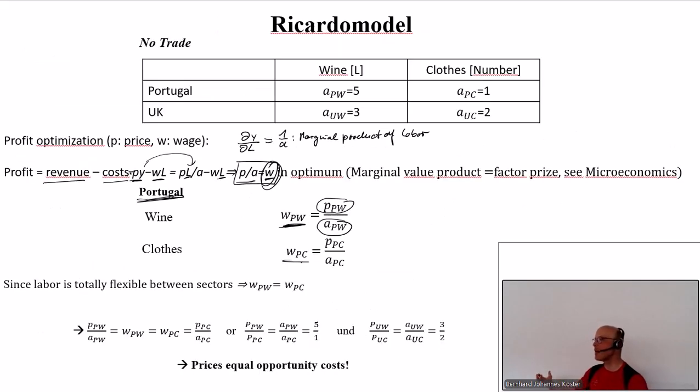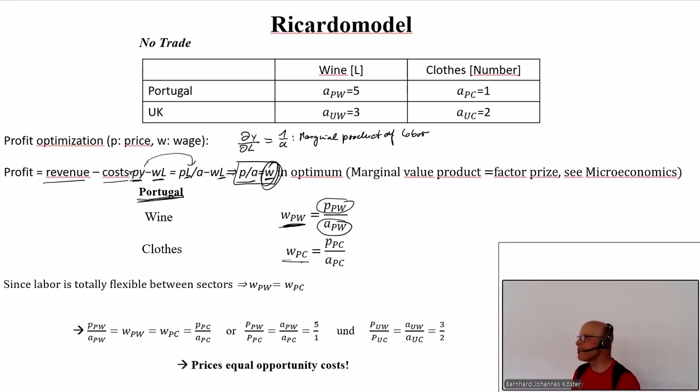Well, if in the wine sector the guy is paying me more per hour than in the clothes sector, what will I do? I just move to the wine sector. What will then happen if the guy in the clothes sector still wants to produce? He has to increase his wages.